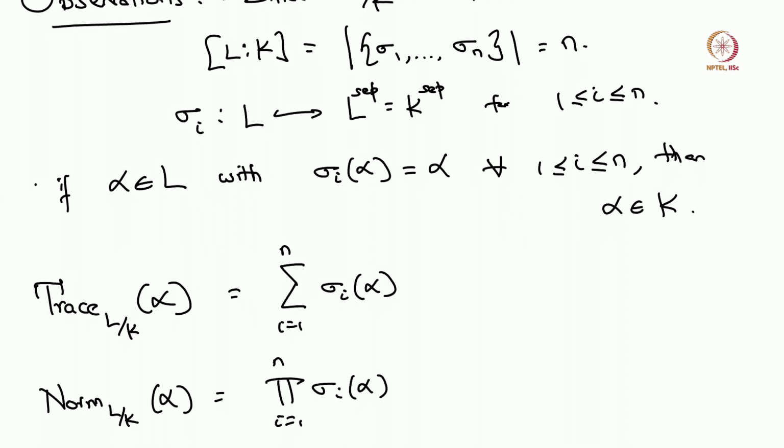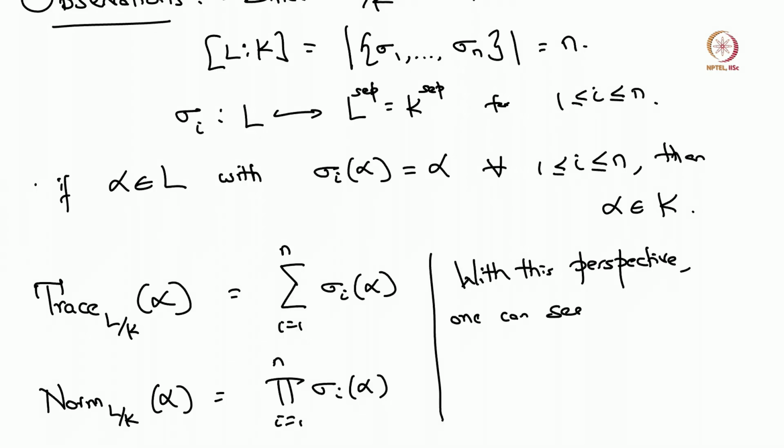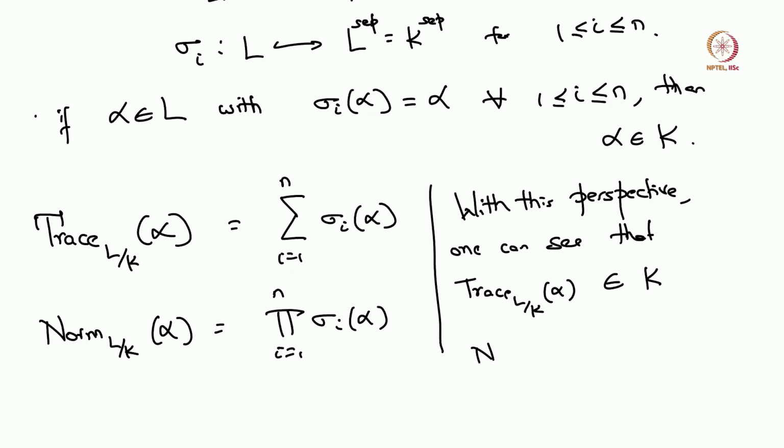With this perspective, one can see that the trace of an element belongs to K and that the norm of an element also belongs to K.